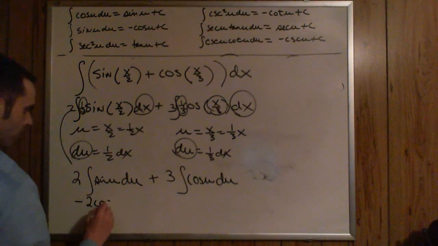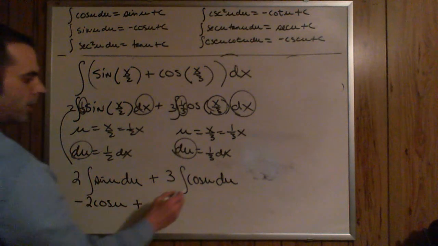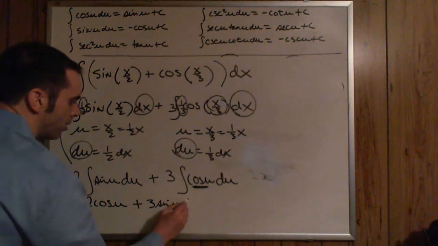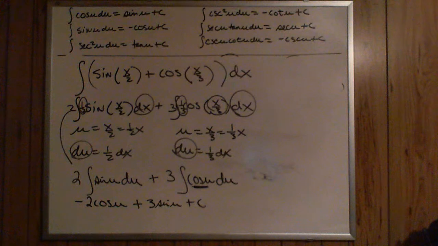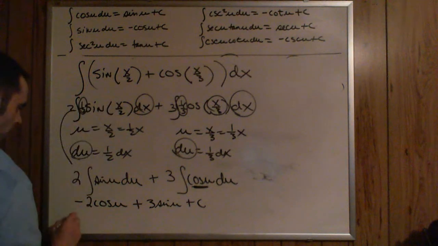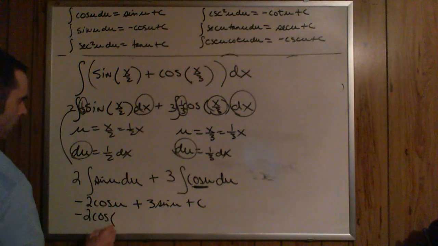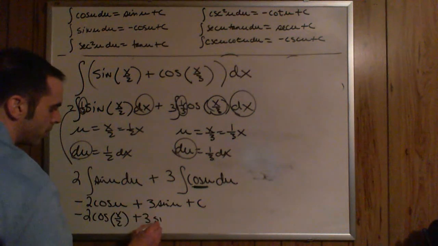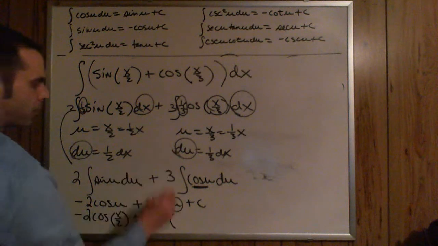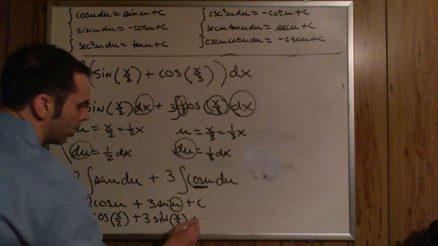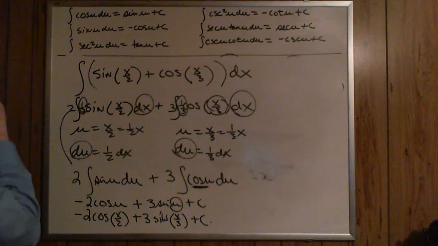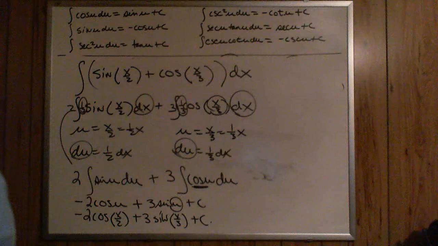So it's negative 2 cosine u plus the antiderivative of cosine is sine, so it'd be 3 sine u plus c. And now substituting these all back in, this would be negative 2 cosine of the u for this piece, x over 2, plus 3 times the sine of the u for this piece, x over 3, plus c.